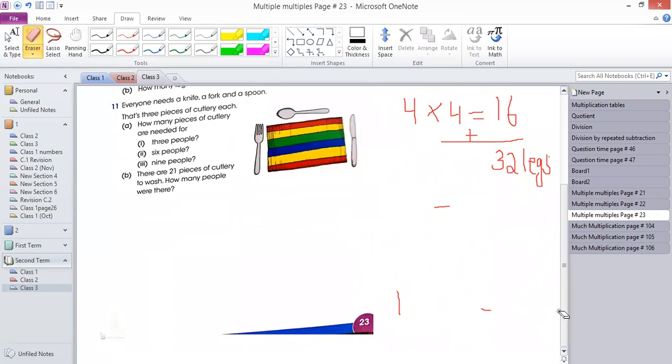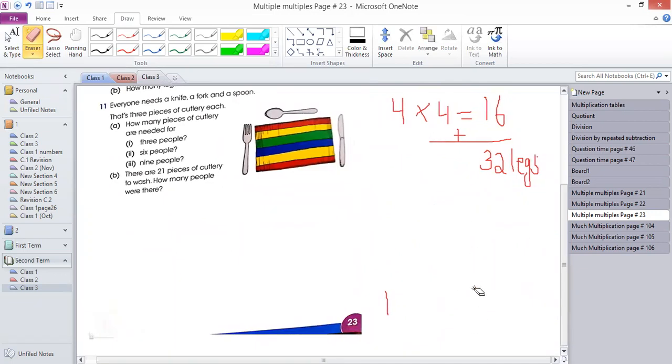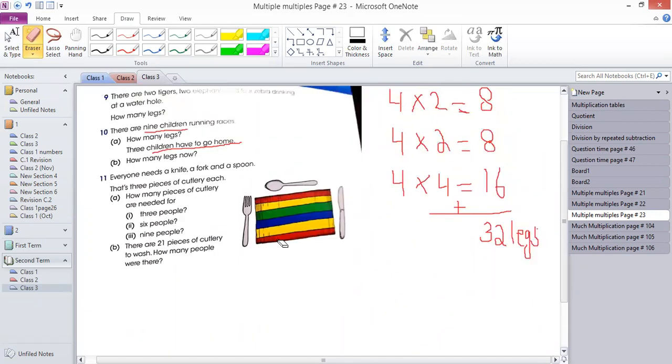Okay. Come to question number 11. Question number 11 was similar to other questions in the exercise. Everyone needs a knife, a fork, and a spoon. That's 3 pieces of cutlery each. How many pieces of cutlery are needed for 3, 6, and 9 people? So guys, everyone is using a knife, a fork, and a spoon, 3 pieces of cutlery.